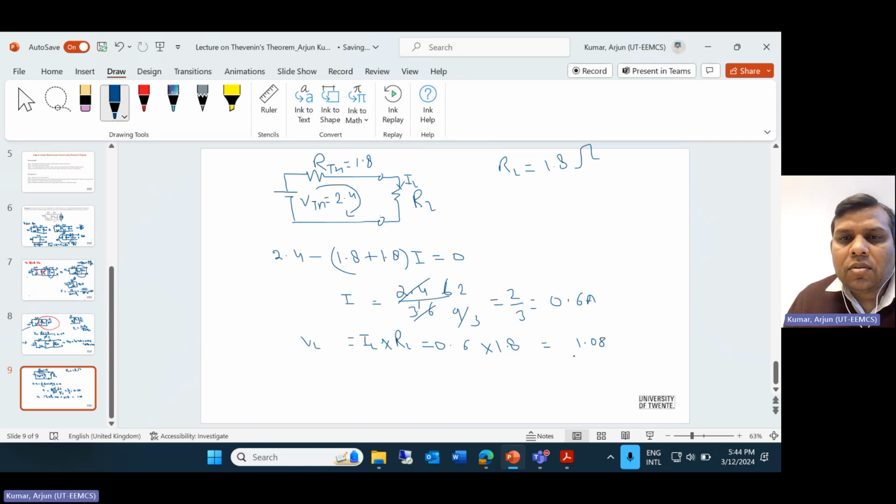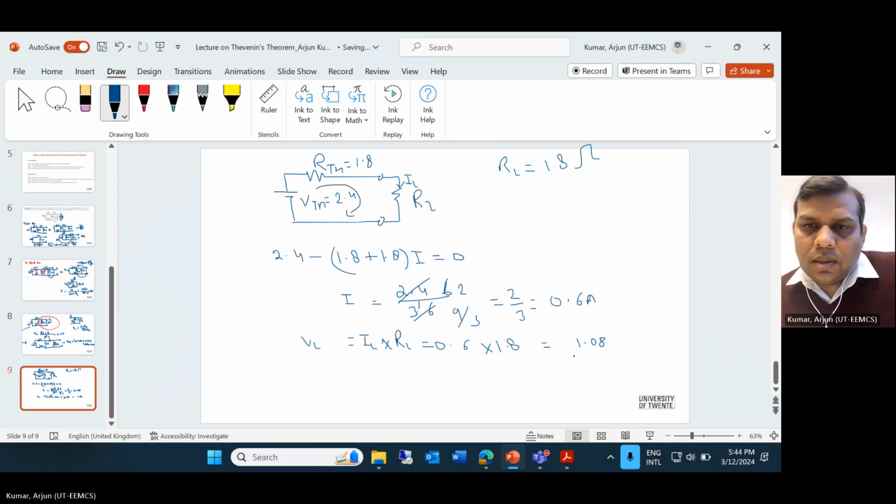Okay, so that will be around that. This will be your voltage. So that will be your load voltage.